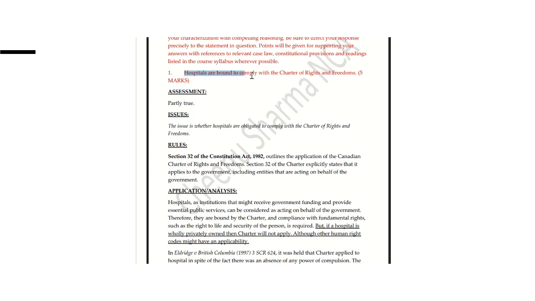It means the statement that is before us is saying something correct, but there is something missing in it. So that is why we are assessing this as partly true. So the issue is whether hospitals are obligated to comply with the Charter of Rights and Freedoms.